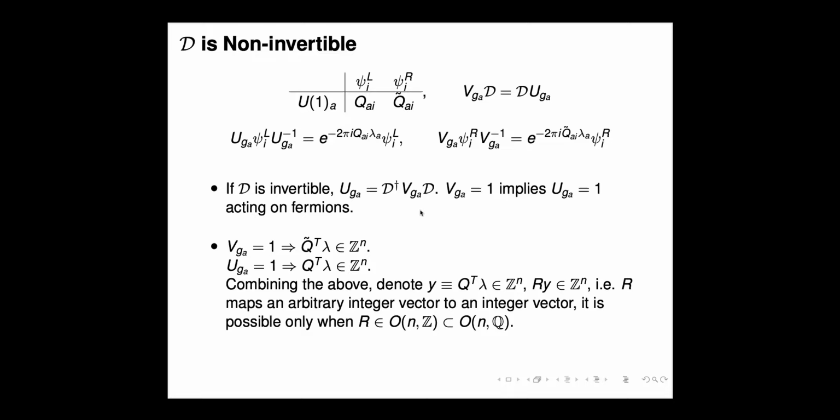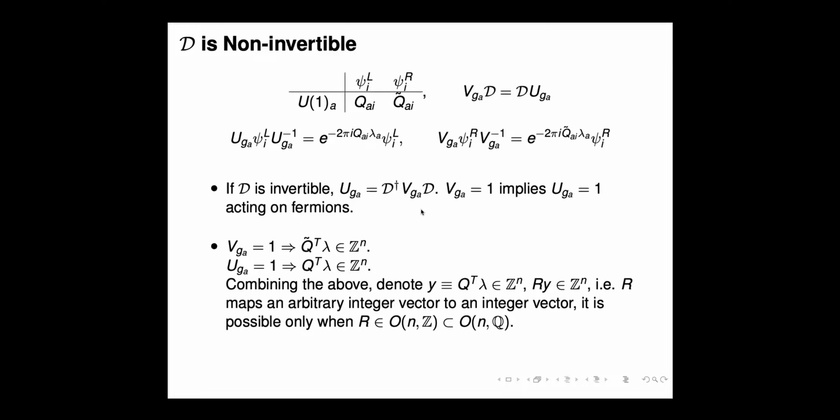Concretely, you substitute this formula into the definition of the charges, and you find that B equal to 1 implies that this vector, the nth component, must be integer valued, because the thing in the exponent must be an integer times 2 pi. Similarly, U equal to 1 implies that this vector must be integer.